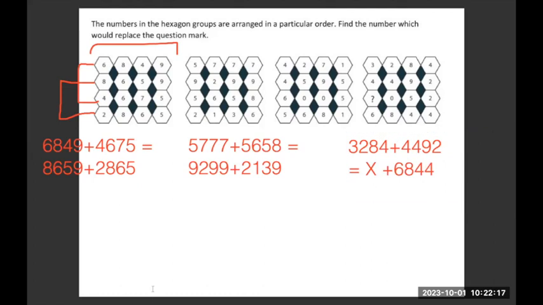So when I do the calculation, 3284 plus x will be equal to 4492 plus 6844.